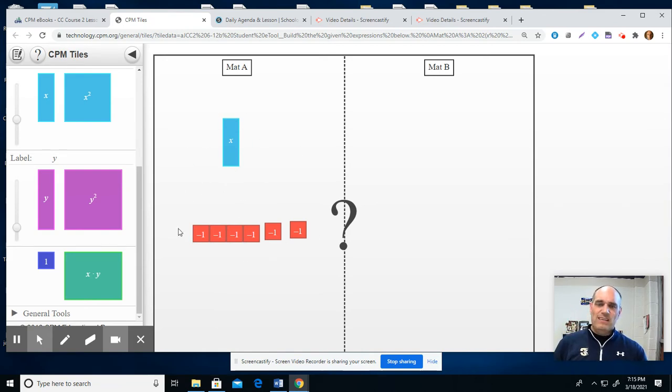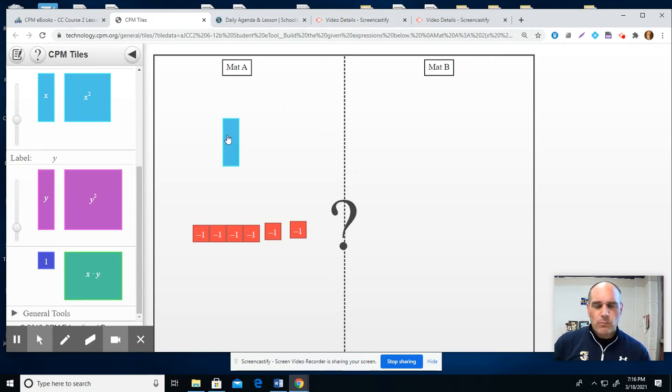I need to get rid of these somehow. So what can I do to get rid of these? I want these to go away somehow. So I guess here would be my thought. If I were to add a 1 to this, these would cancel out because of 0 pairs. So remember how we can take off the same thing on both sides?